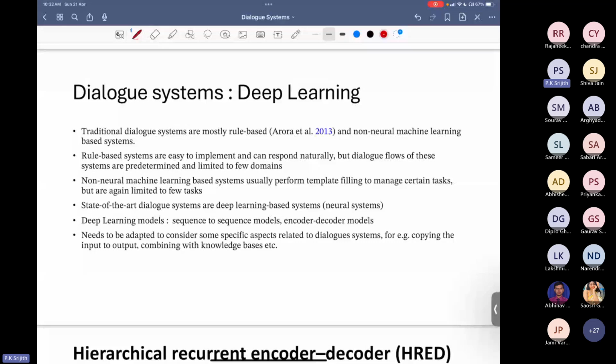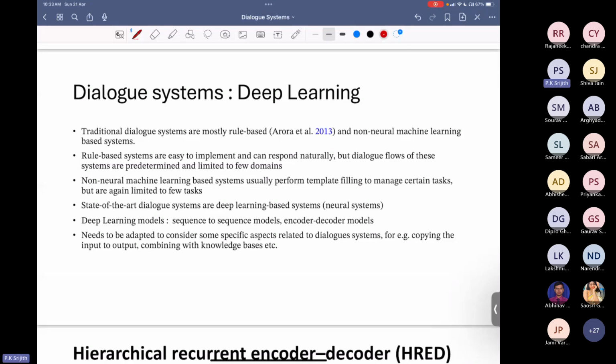There will be situations where the user provides some message, and the agent has to produce a response which is very similar or contains the same words as the user has provided. It doesn't have to generate any other words in the vocabulary, but only specific words provided as input in the user message.